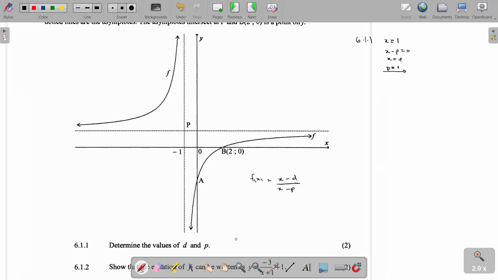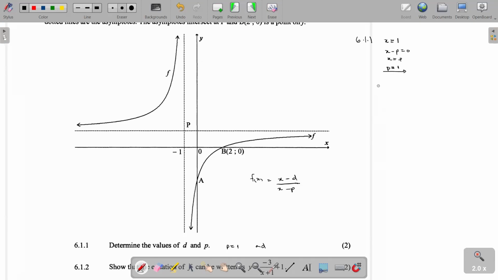Then to get the value of d, because already p is on the denominator and p is equal to 1, we want our d.